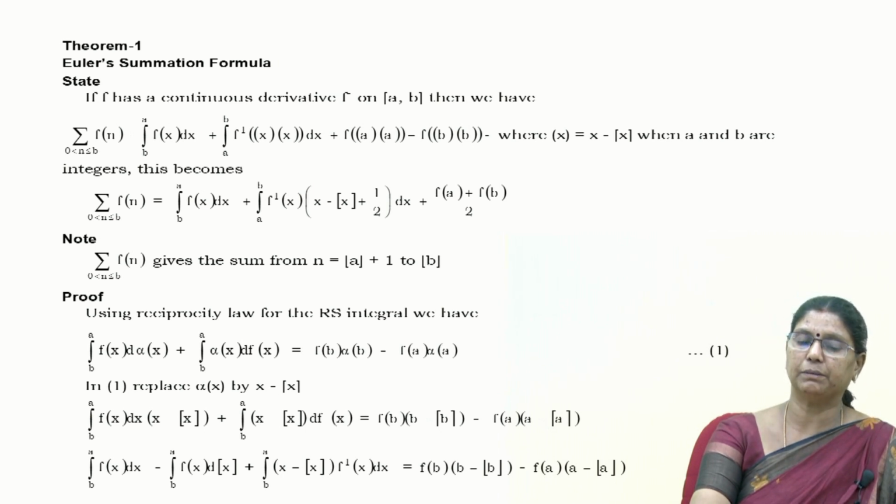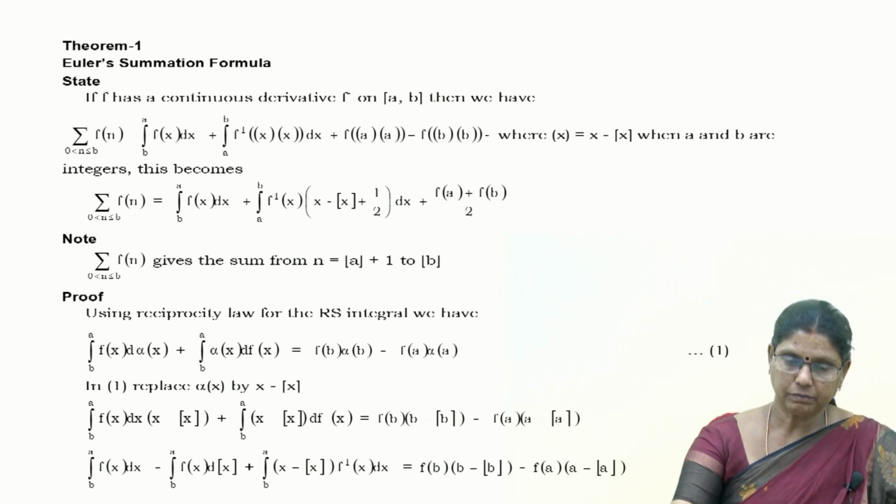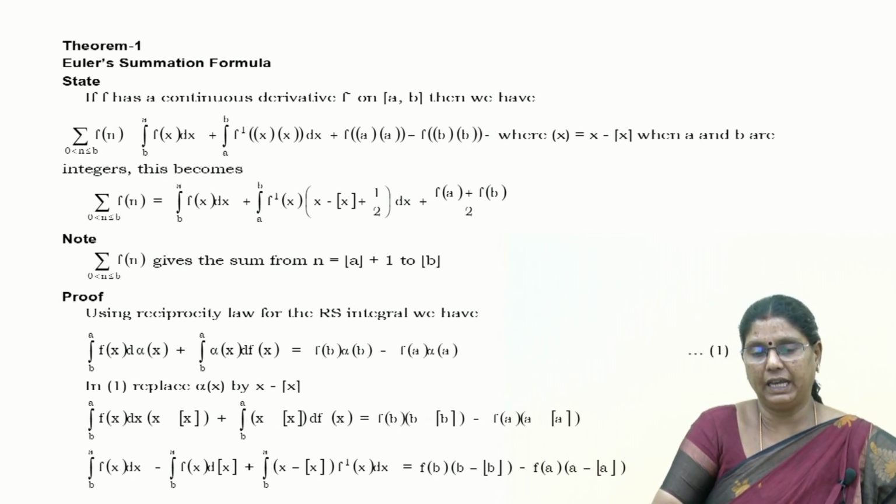And this becomes the summation of f(n) equal to the integral from a to b of f(x) plus the integral from a to b of f'(x) into (x − [x] + 1/2) dx plus [f(a) + f(b)]/2. Here the summation of f(n) gives the sum from n equal to a + 1 to b.